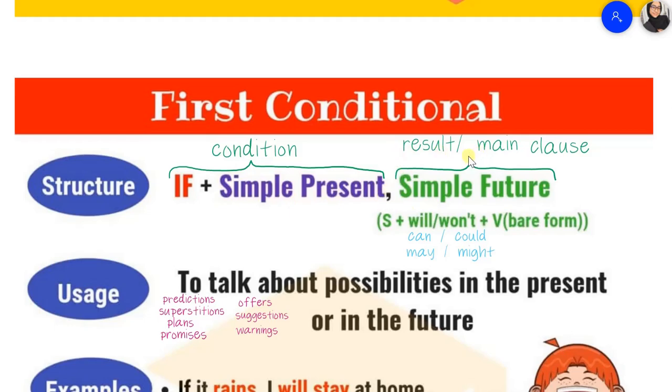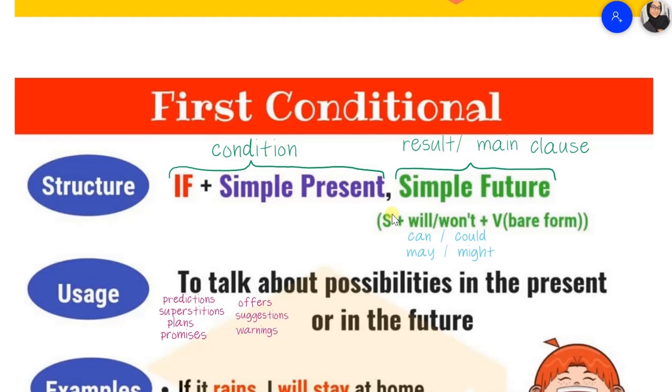Next is the result or the main clause. The result or the main clause should be in the simple future tense. How does a simple future tense look like? It will have a subject. What is a subject? Subject is the character in the situation.